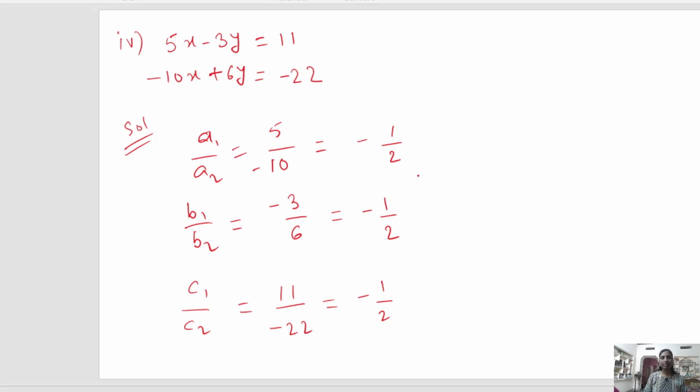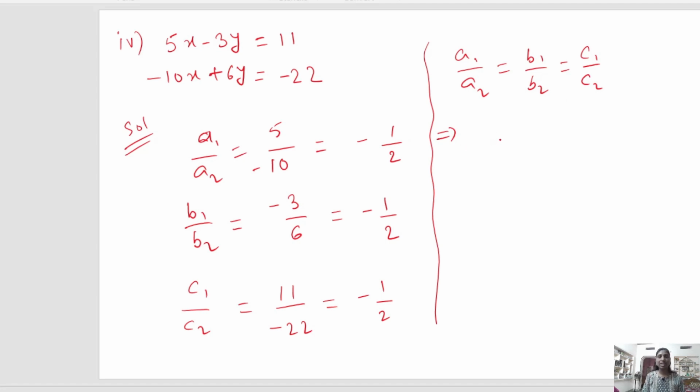So here a1 by a2, b1 by b2 and c1 by c2, all the ratios are equal. a1 by a2 is equal to b1 by b2 is equal to c1 by c2, which implies that the pair of linear equations has many solutions.